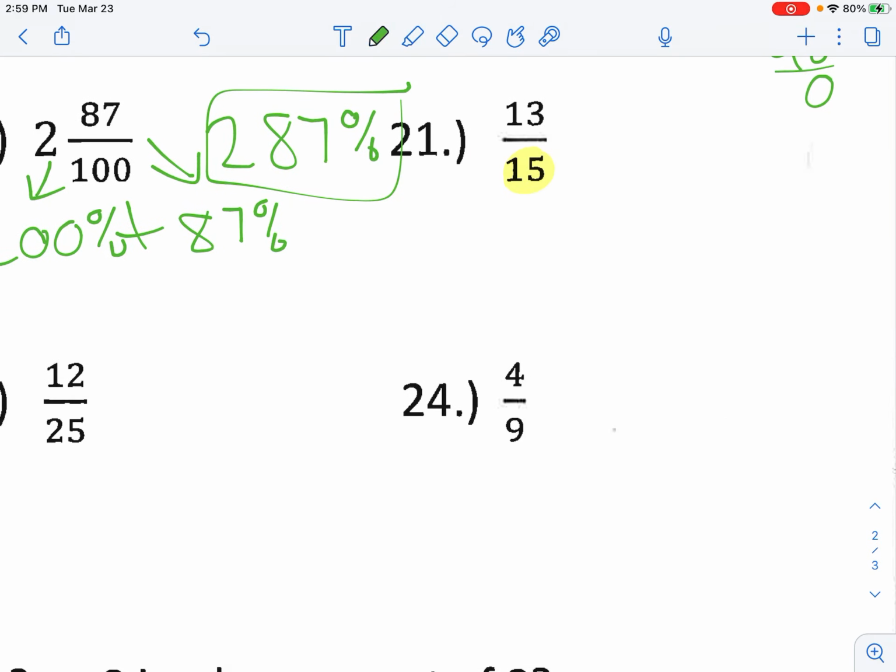15 is not a factor of 100. So we're going to do 13 divided by 15. Add your decimals and your zeros.